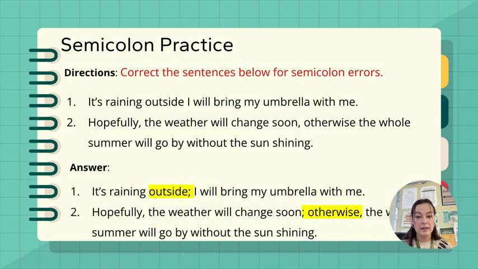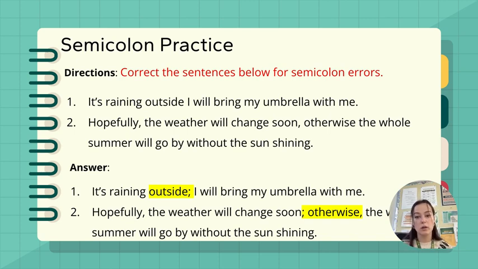So here we have our answers, right? It's raining outside. That could be a period that follows, or since they are connected independent clauses, a semicolon is going to make a little bit more sense here and also be more grammatically impressive to your reader. The second one, hopefully the weather will change soon, semicolon.